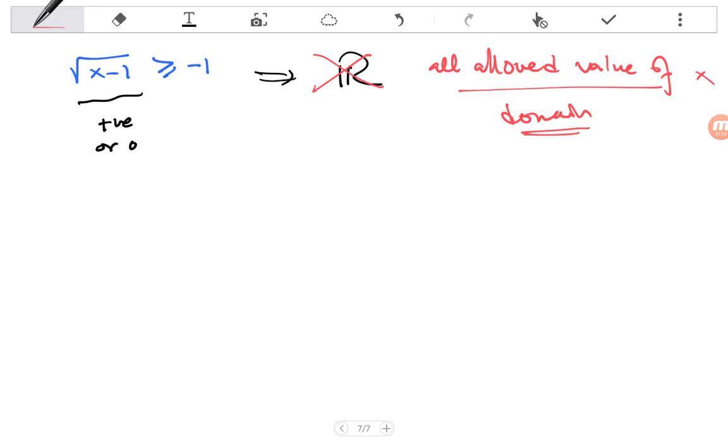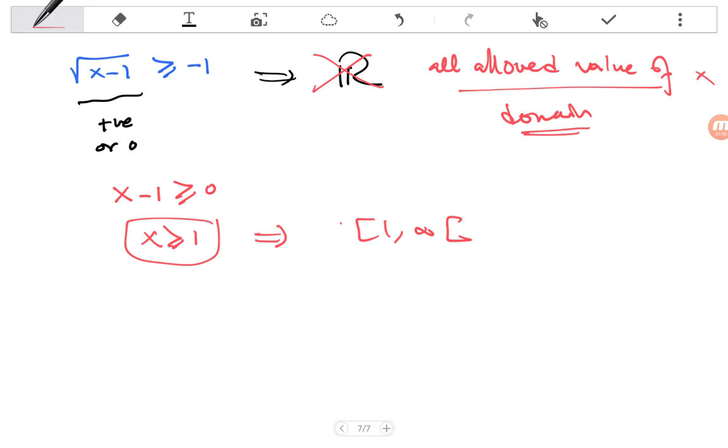So the solution is all the allowed values of x, which are the domain of this expression. What is the domain of this expression? x minus 1 must be greater than or equal to 0, which means x greater than or equal to 1, and the solution of this inequality will just be from 1 to infinity.